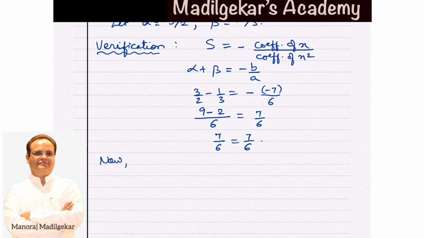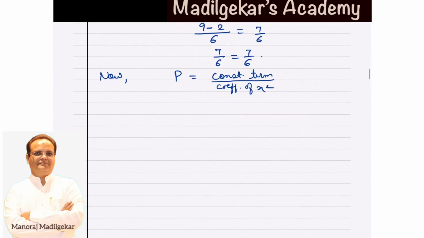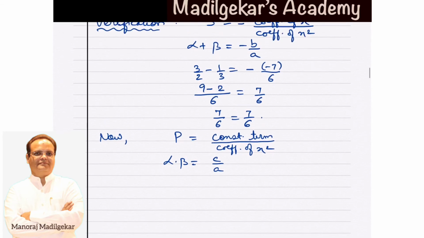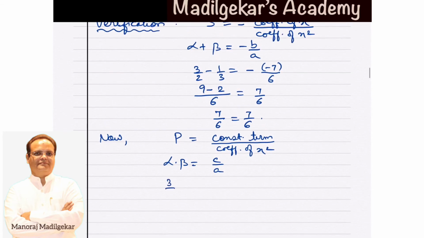Now let us verify the product. Product is given by constant term upon coefficient of x square. Alpha into beta is c by a. Alpha is 3 by 2.